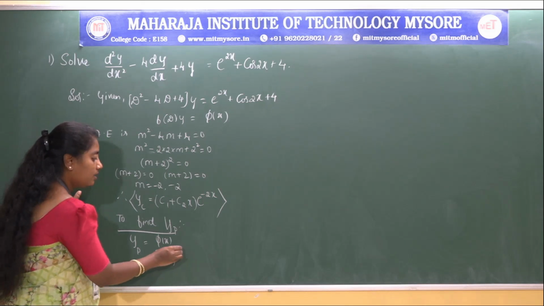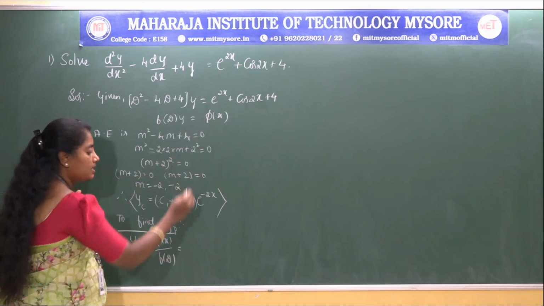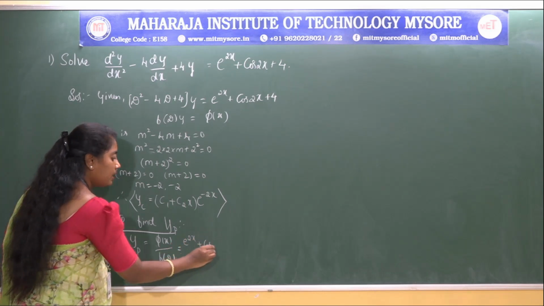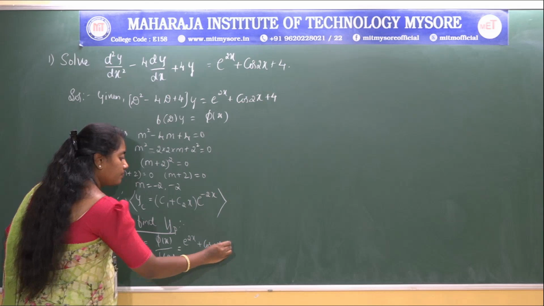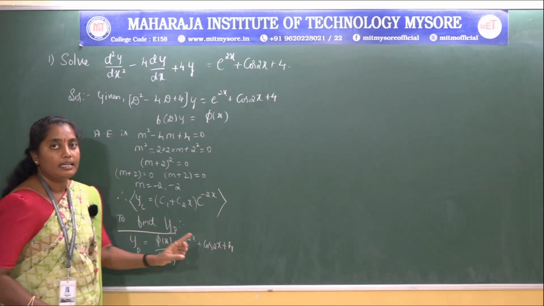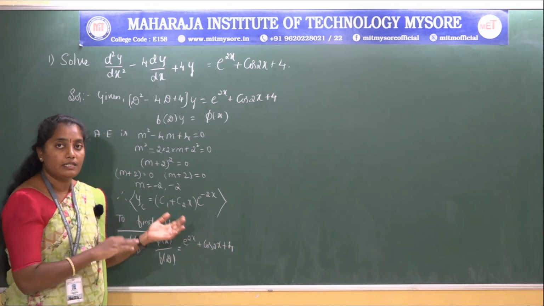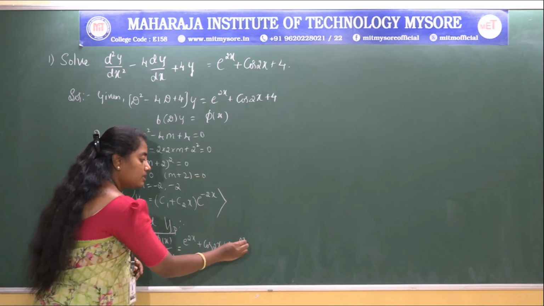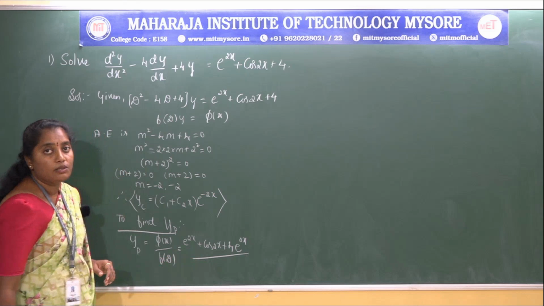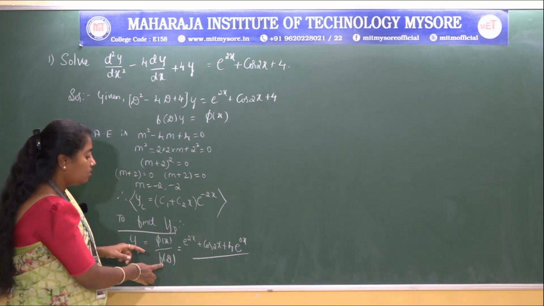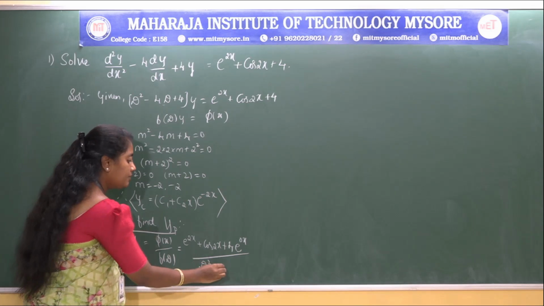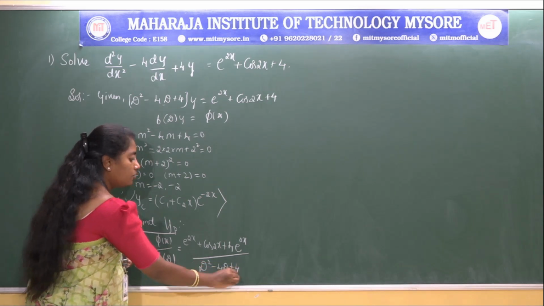So substituting phi of x and f of d, phi of x is e to the power of 2x plus cos 2x plus 4. As I already told, we can write this 4 in terms of an exponential term or in terms of a trigonometric function. Choose the simplest one. I will take e to the power of 0x, and the denominator value f of d is d square minus 4d plus 4.